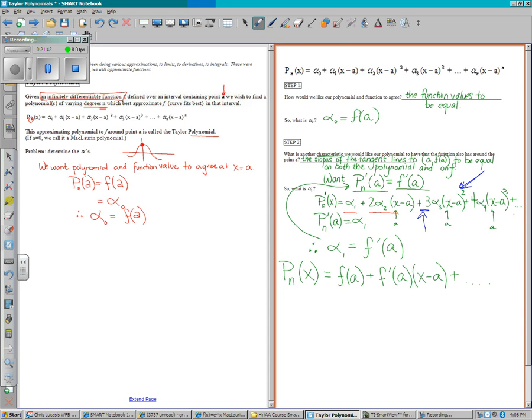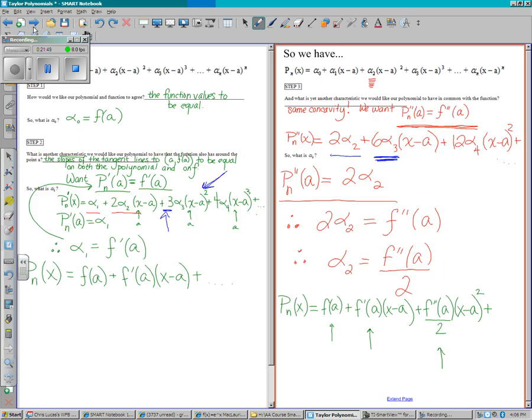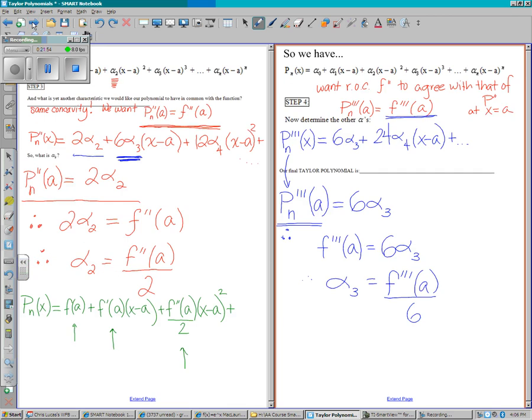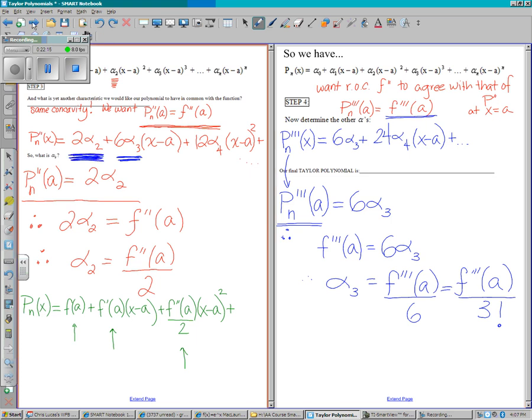So another way of writing that 6 is 3 times 2 times 1, or 3 factorial. So actually, the 2 from the alpha sub 2 here could be written as 2 factorial.